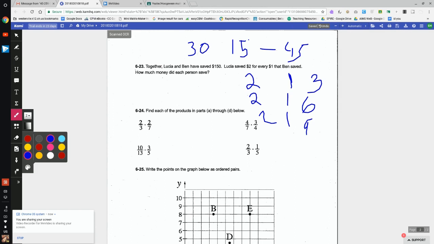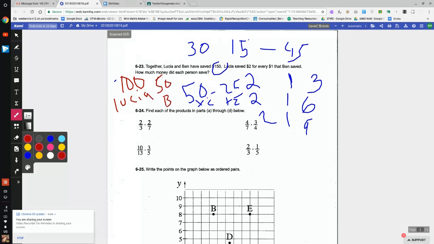Let's say if Lucia saved $50 and Ben would then have 25. So if we multiply that, we're up to 75 there. We're already half off. So then if I multiply this by 2 and this by 2, this would give me $100 for Lucia and $50 for Ben, and there's their 150.